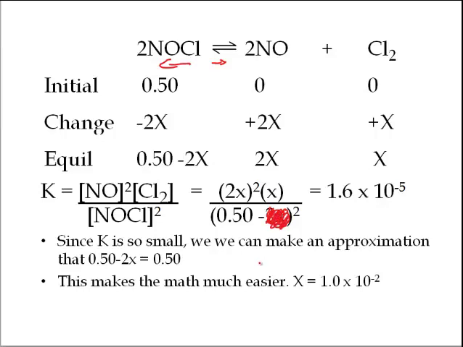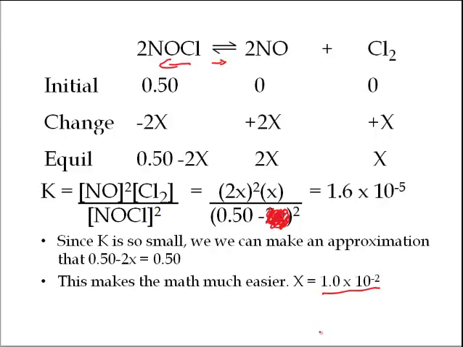And now all of a sudden this doesn't become a cubic equation where you've got to deal with an x cubed, an x squared, an x, that kind of stuff. It's just a nice, easy problem. And when you work out the math, we get a value of 1.0 times 10 to the -2nd. If you want to check it, definitely go ahead and do it. But it's the way we're going to treat problems when we have a very small x.